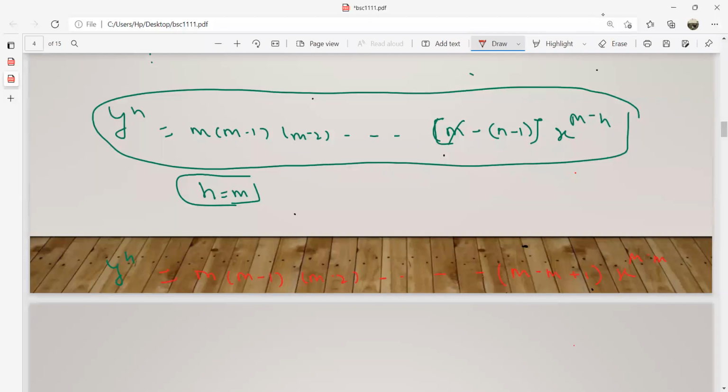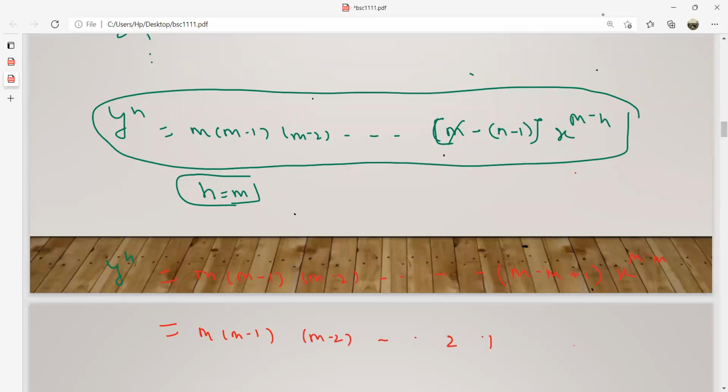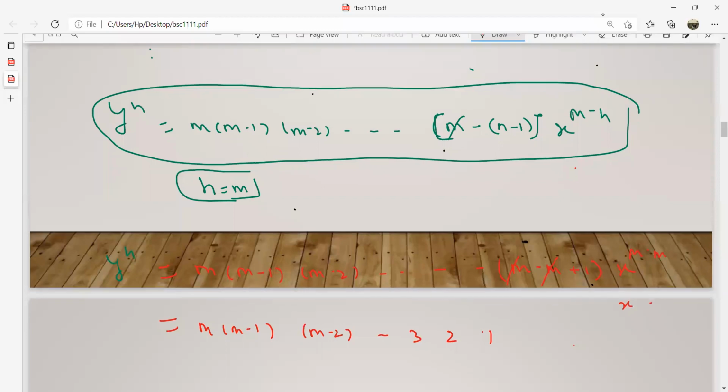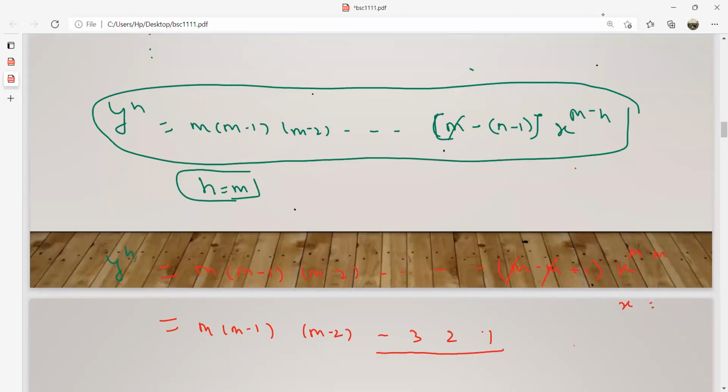So here we have to simplify m, m minus 1, m minus 2, and so on, down to 1, here is 2, here is 3, and the last one is m, and x to the power 0 means 1. So I write this expression y to the power n. Please write down that y to the power n equals m factorial.